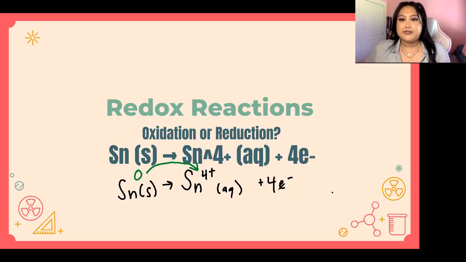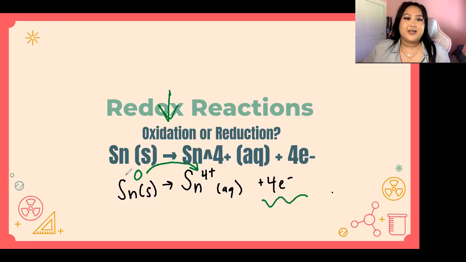Oil rig. And then this is just the indication of, hey, there's an excess of 4 electrons because we can't just get rid of them. So whenever you see a half reaction problem and the 4e negative is on the product side, it means it's oxidation.